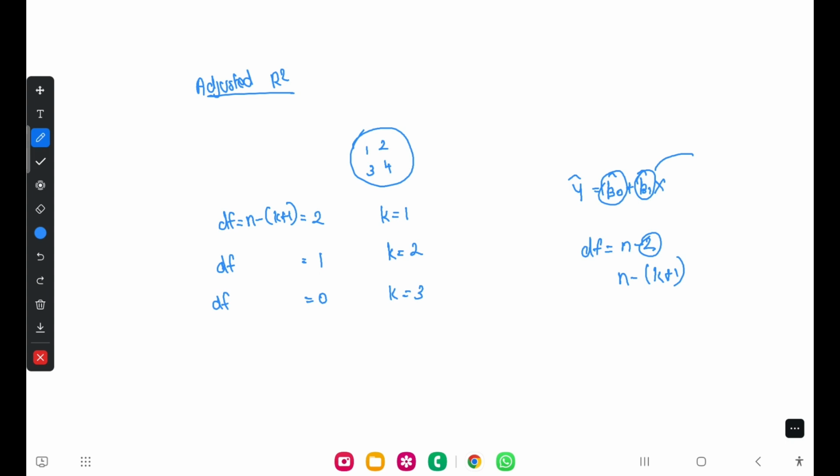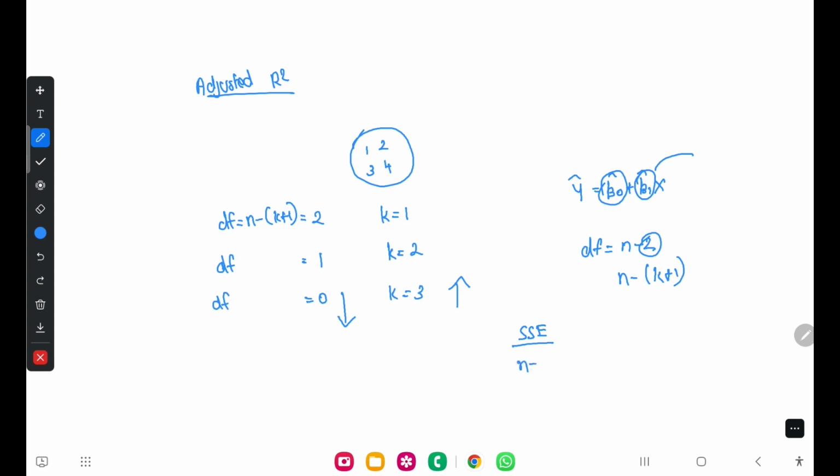But here, as you can see, when the independent variables are increasing, the degrees of freedom is going down. So if you take the standard error of estimate, what was it? SSE over n minus 2.